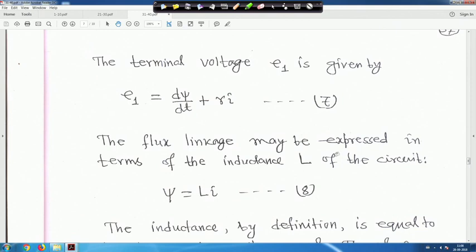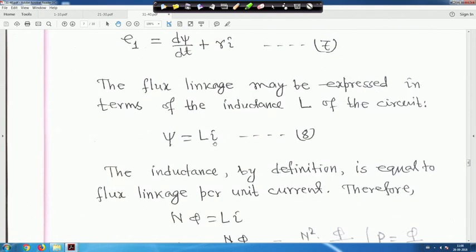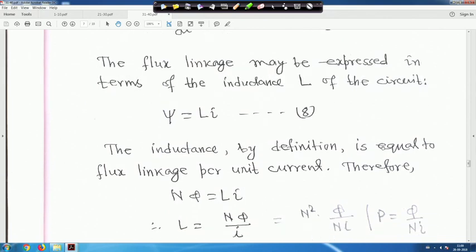Therefore, the flux linkage may be expressed in terms of the inductance of the circuit. So, we can write psi is equal to Li, equation 8. The inductance by definition is the flux linkage per unit current.